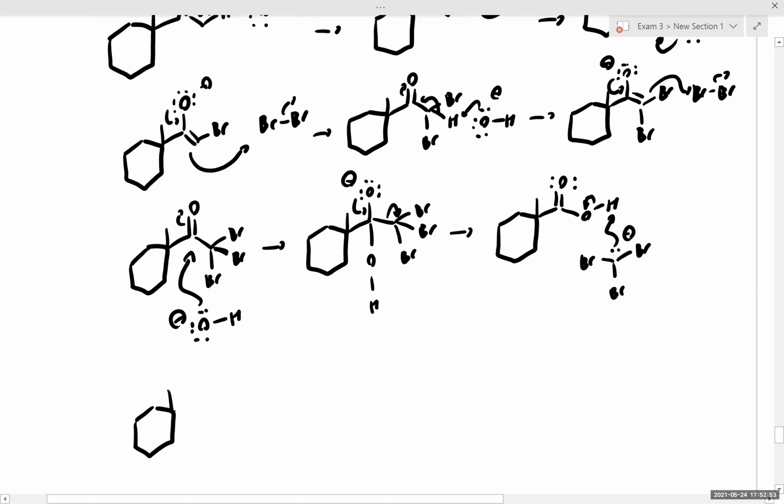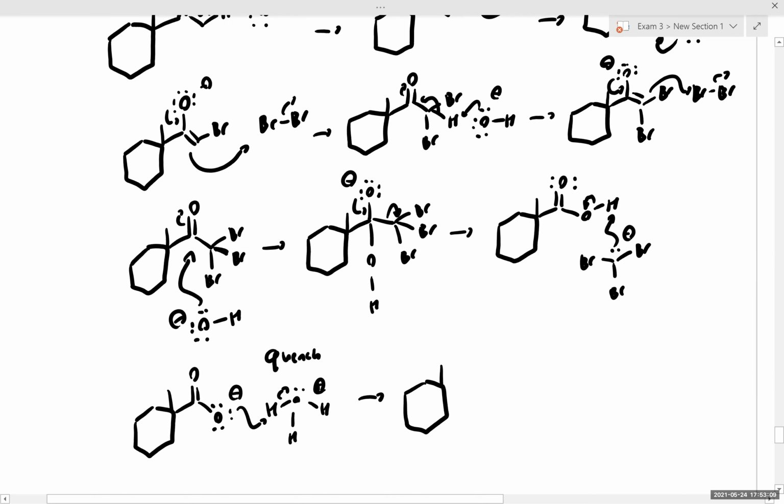And that in turn gives us our carboxylate salt that during the quench step gets reconverted back to the carboxylic acid. Does this mechanism make sense?